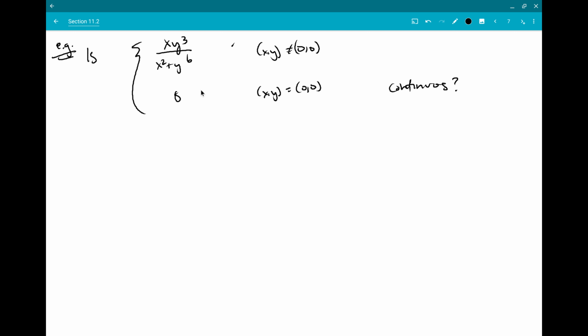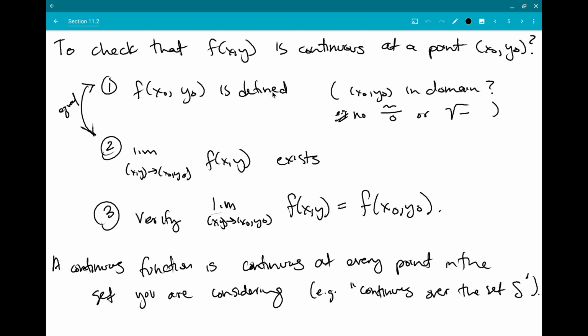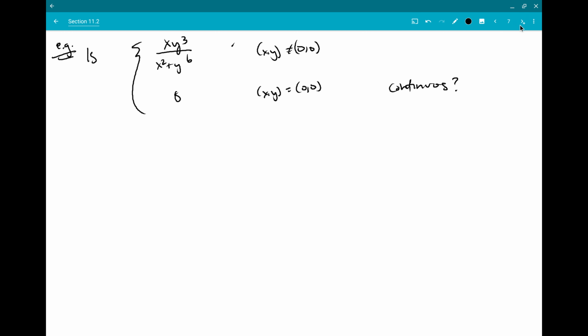So the first condition that we talked about is that the function is defined at the x0, y0. And if we look at this, our breakpoint would be the origin. But there's definitely a definition.